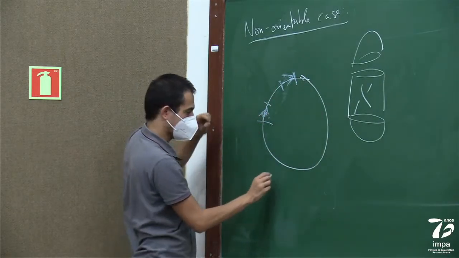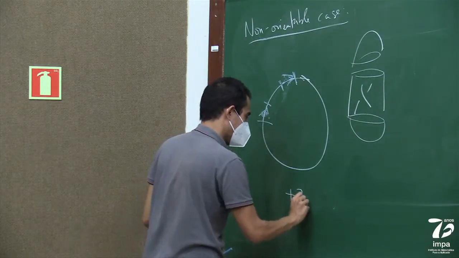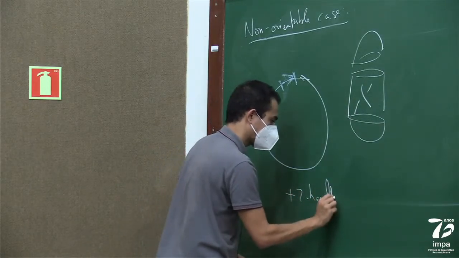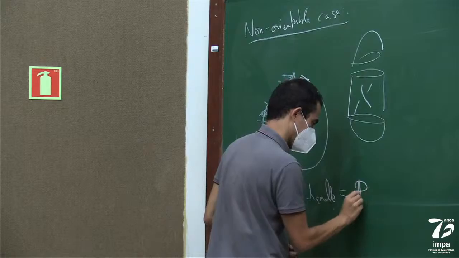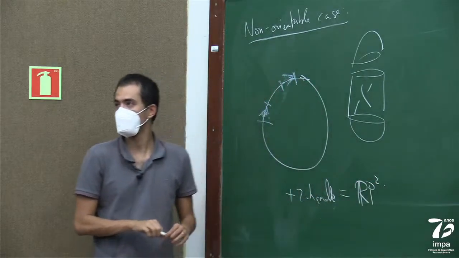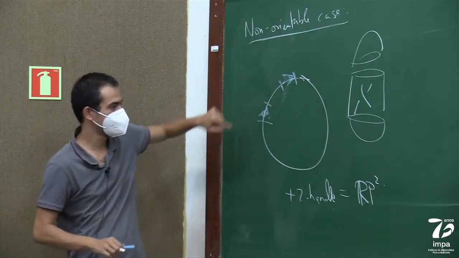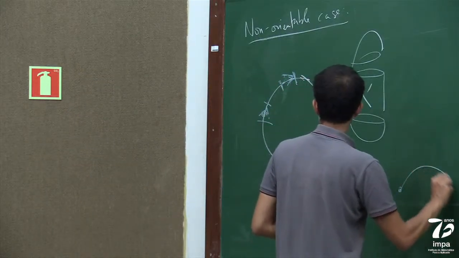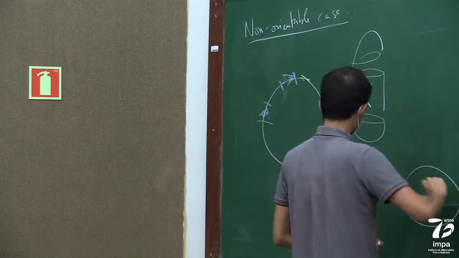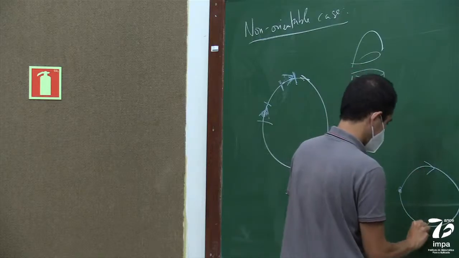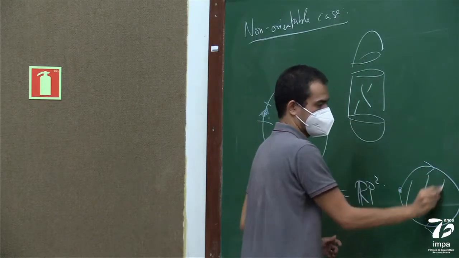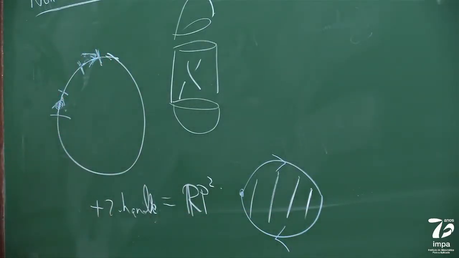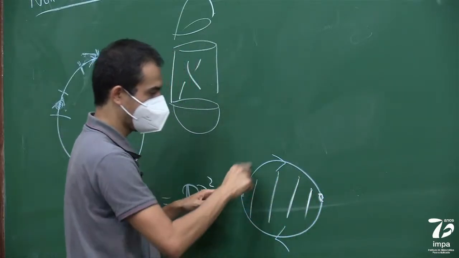And then this, so this plus a 2 handle, is an RP2. So it's the same as kind of shrinking the circle to nothing, to a point. So then you're going to have basically just this, where you can think of this really as an identification of this side and this side.